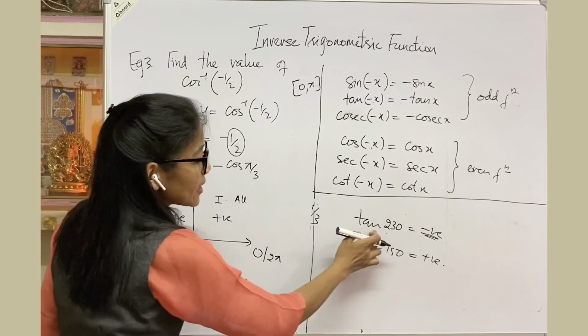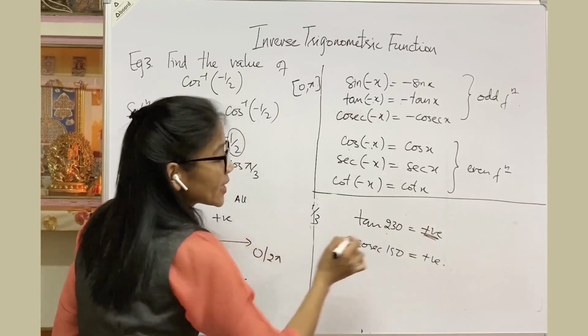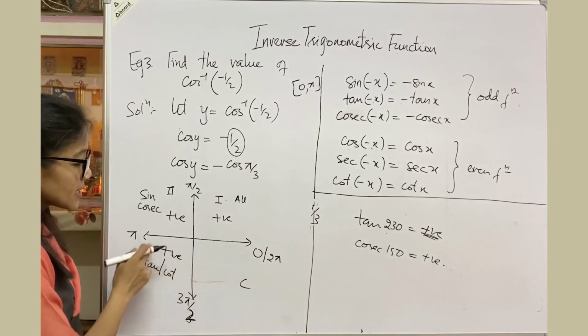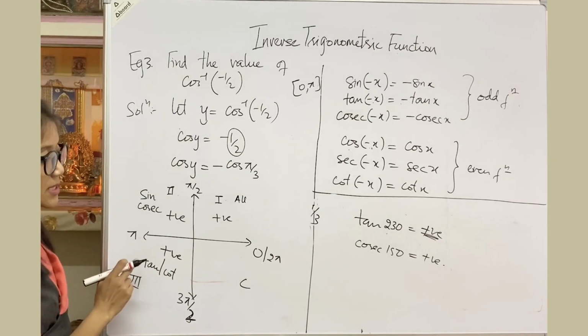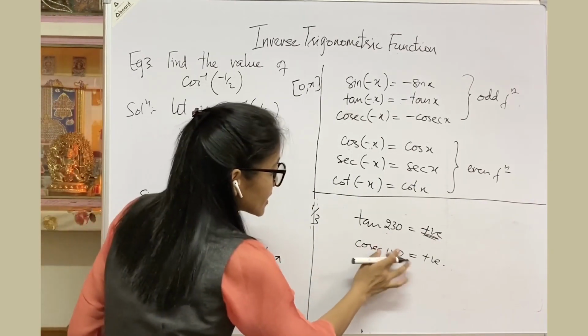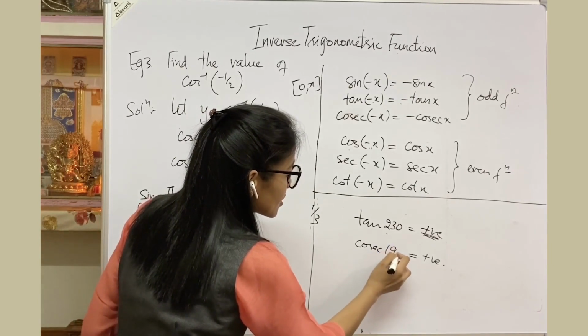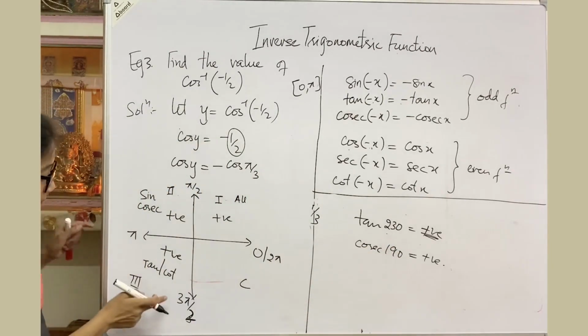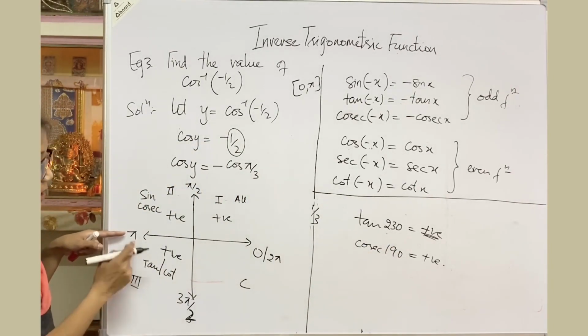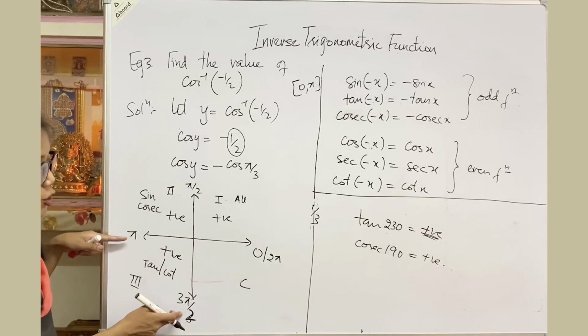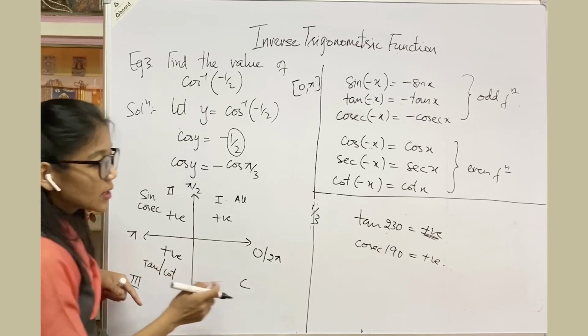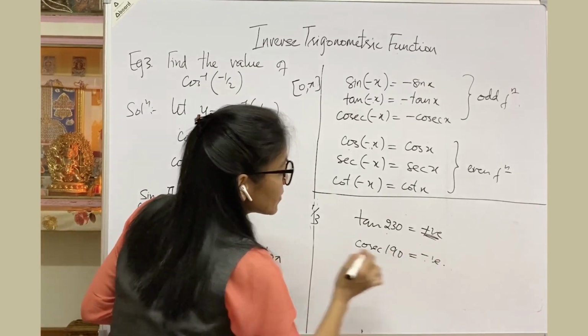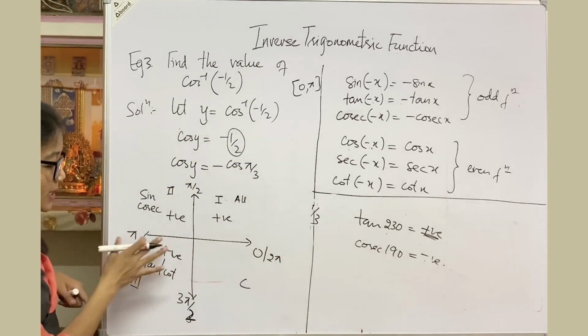When you take tan of angle 230, you will get a positive value, because in this quadrant tan is positive. If I write cosec of 190, 190 again is in this interval, 180 to 270. Cosec is negative in this interval, so you will get a negative value for cosec. Like this we can define.